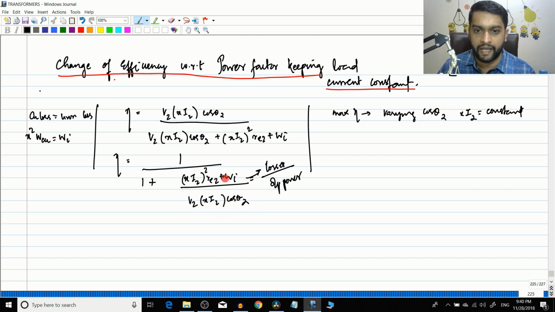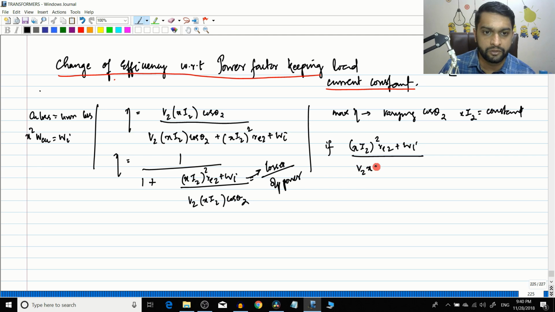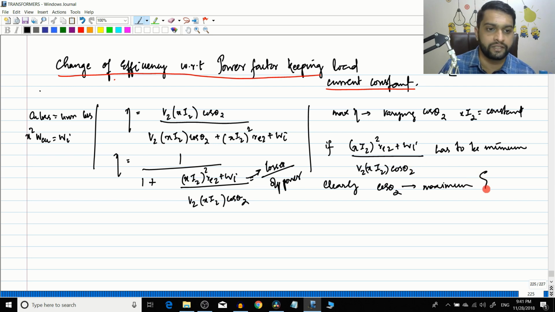If this total value has to be minimum, that is, if (x square I2 square Re2 plus W_i) divided by V2 xI2 into cos theta 2 has to be minimum, clearly cos theta 2 should be maximum, because everything else is constant. xI2 is a constant value, V2 is constant. So the only variable here is cos theta 2.